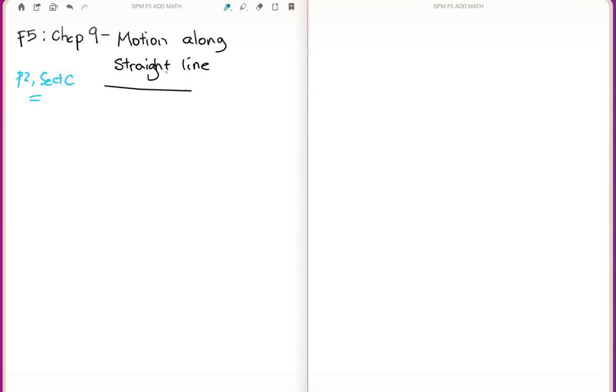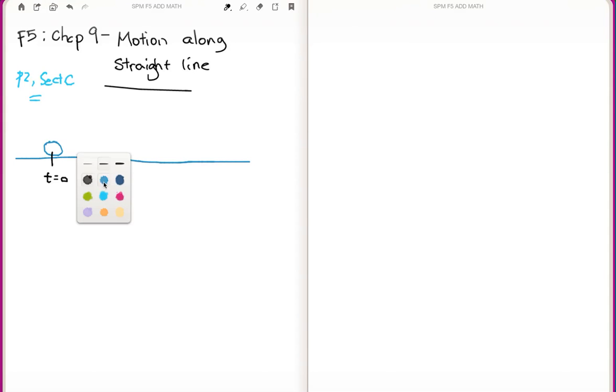Now, in order for you to really understand this chapter, first of all, you need to understand something about a moving object. You have a ball. Initially, it is at a point. Maybe I would say this is my origin point, when t equals 0.